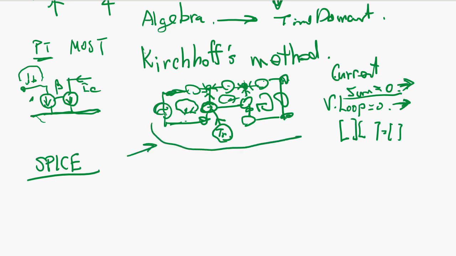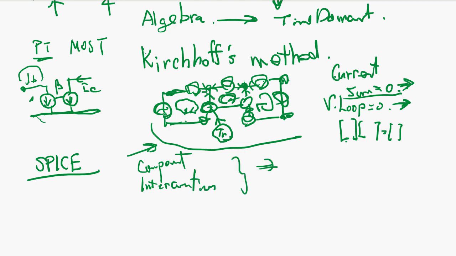So if you give the components and interconnection information, then the software creates this simultaneous equation, and it is solved many times until each nonlinear element is satisfied, basically using this model.